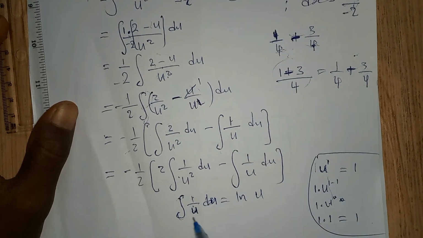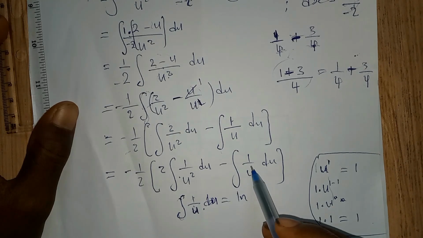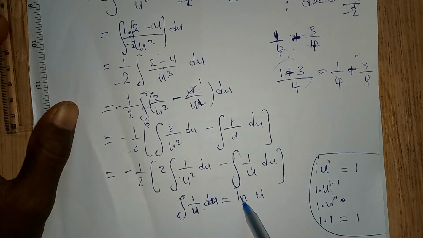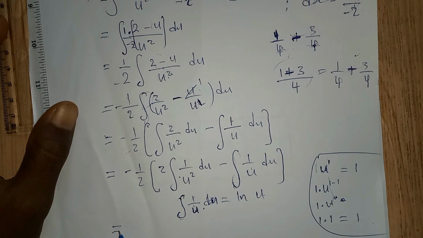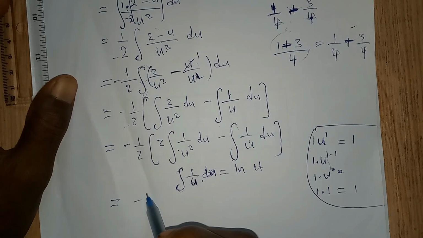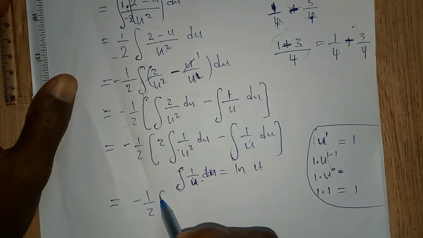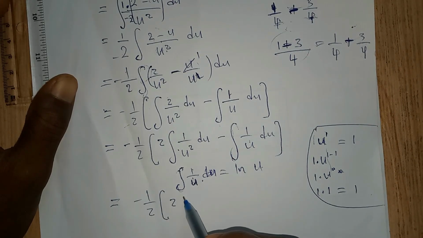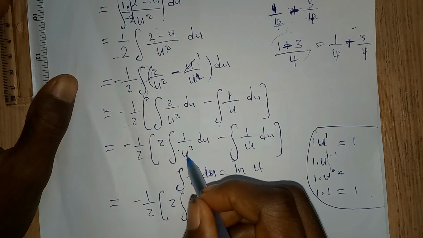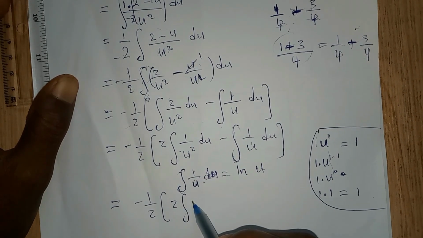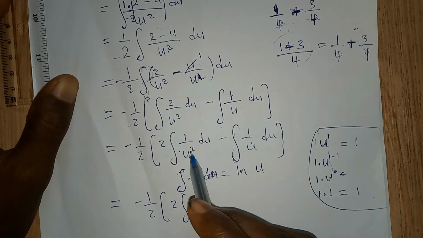Knowing this integral is ln u, you now proceed and say it's equal to negative 1 over 2 bracket 2 integral of, from the law of indices, 1 over u squared can be written as u raised to the power negative 2.